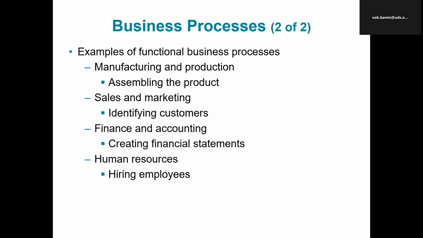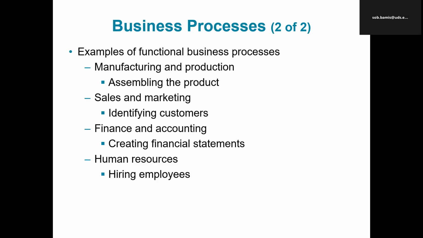Yeah. So if we are looking at functional business processes, we will be looking at them at their various functional units in business. We have manufacturing and production. If you are dealing in producing products, then you have a manufacturing unit function. You also have sales and marketing.